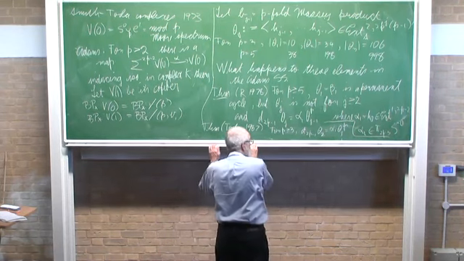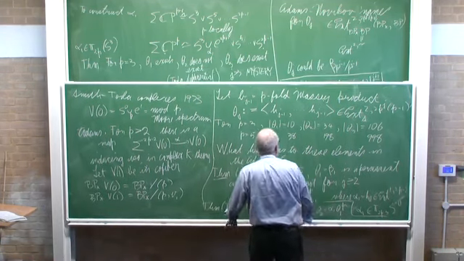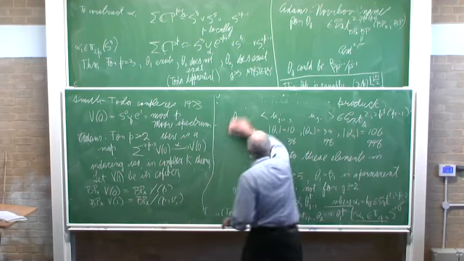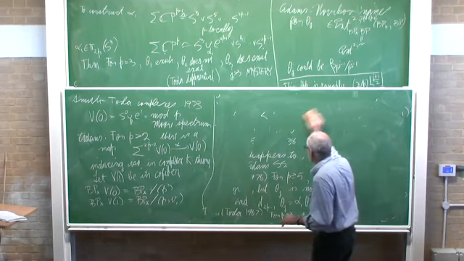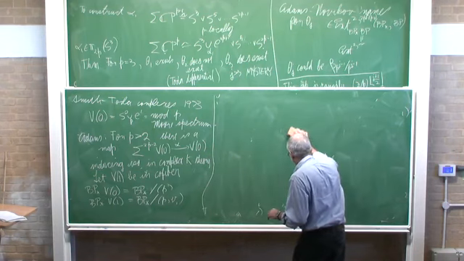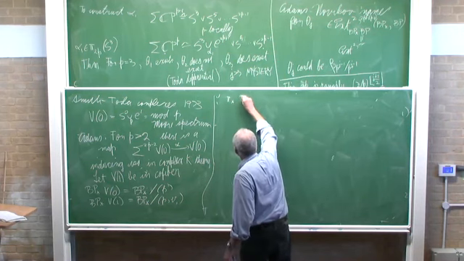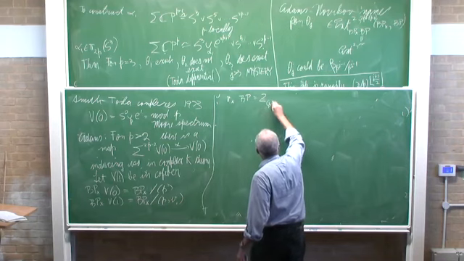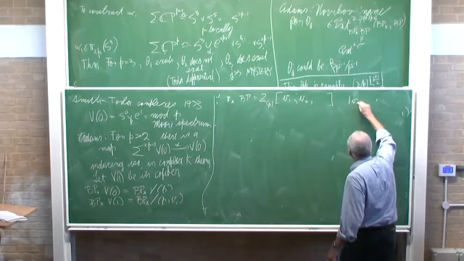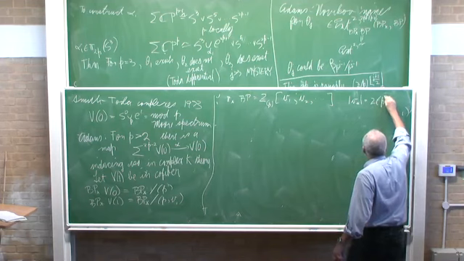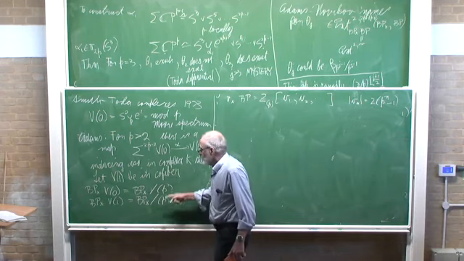In case you've forgotten, the homotopy of the BP spectrum is a polynomial algebra over the p-local integers on elements v1, v2, and so on, and the dimension of vn is twice p to the n minus 1. So those are the v's that I'm talking about here.